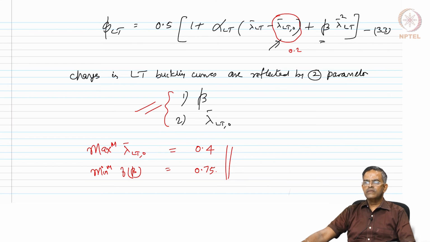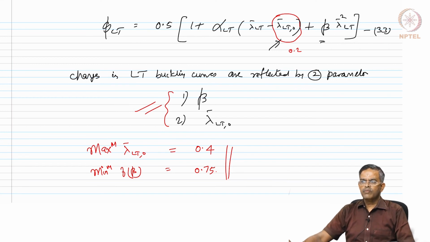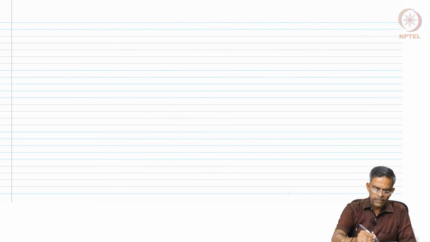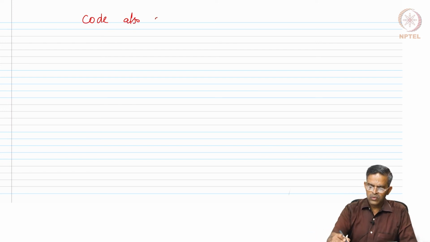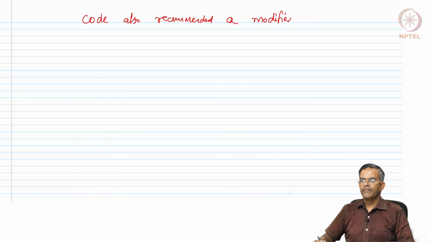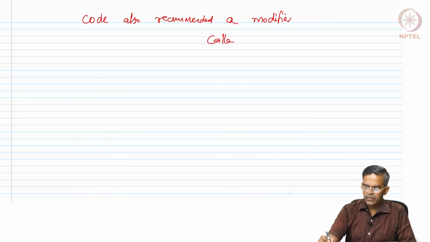In addition to this, Eurocode also proposed a modifier called the f factor method. The code also recommended a modifier called the f factor.